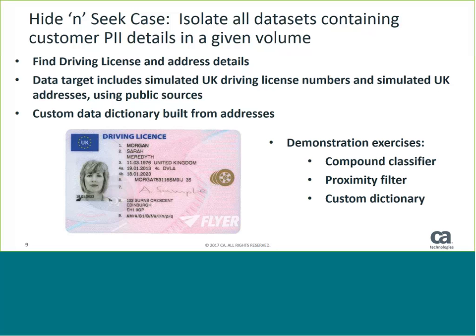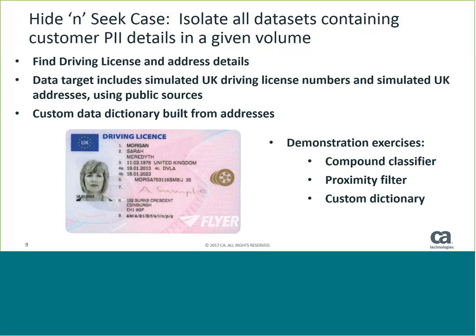The example we've heard most recently is that we want to search and find records that contain driving license numbers for citizens of the United Kingdom and their addresses, because those two attributes in combination are a very clear identifier of an individual and could be used for identity theft or to compromise critical information about them.